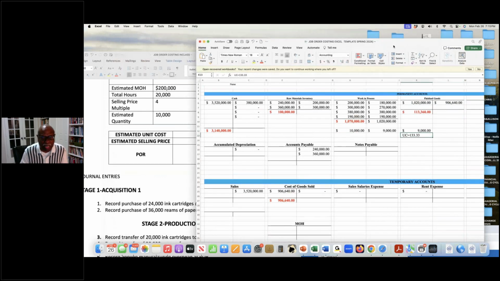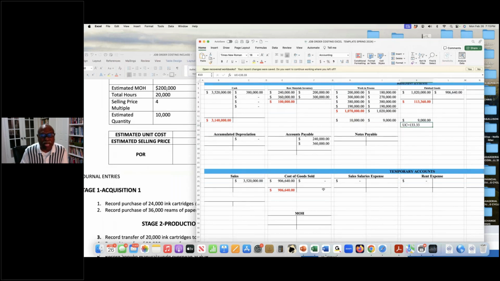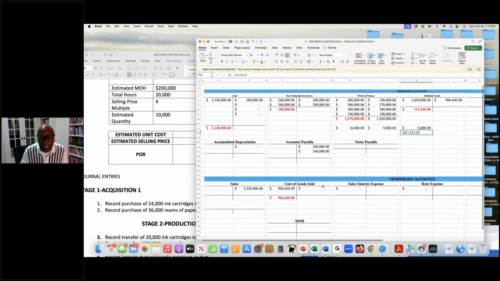Now let's go to this manufacturing overhead account. We have a credit in this account of how much right now? What's the last entry in stage 2? 190,000. 190,000 credit.